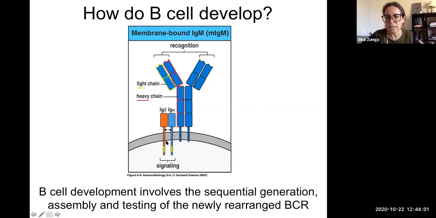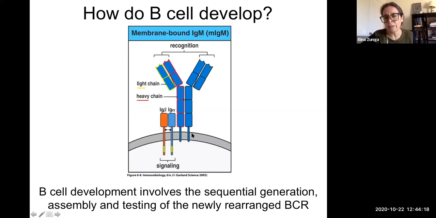Are they always the same? Basically, they are important because they have a longer intracytoplasmic tail, and they associate with the constant region of the heavy chain, and are the ones that allow the signaling.